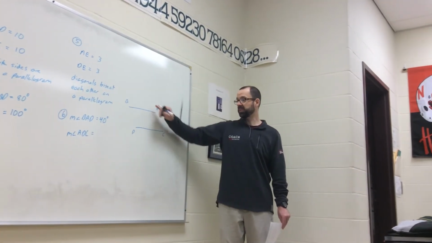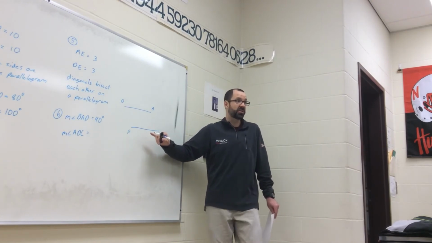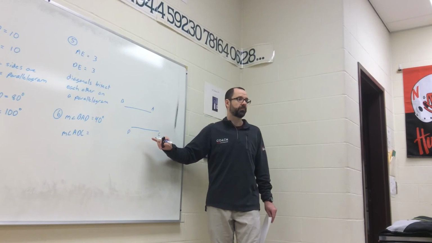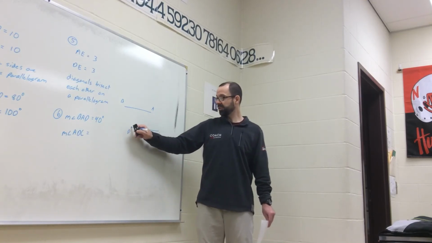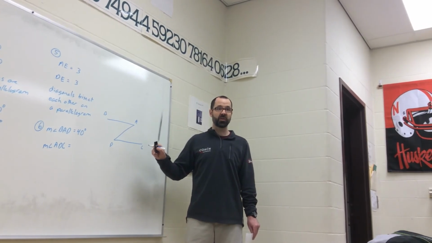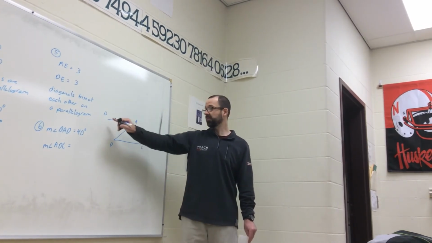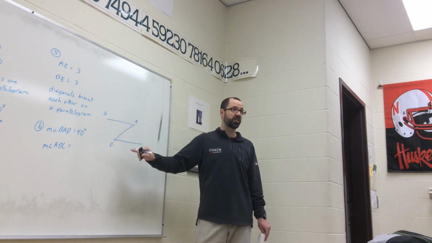And what do we know about BA and DC? They're parallel to each other, right? Because it's a parallelogram. Okay, so now I'm going to draw this line in. That's called a transversal. So if you just look at those 3 lines, we have 2 parallel lines and a transversal.